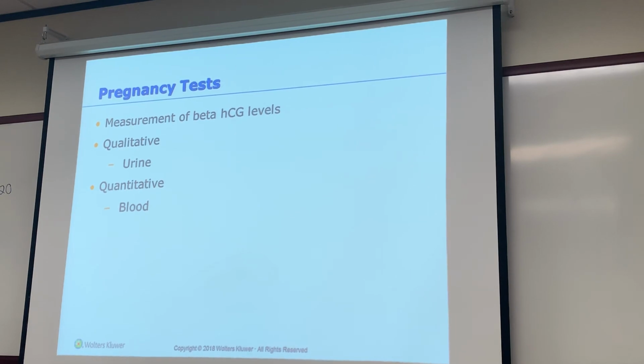Oh, that's a good way to look at it. So we're looking at the number. It's going to be more specific. The quantitative is going to tell me how much HCG is in my blood. So we're looking for the number anyway, right? Correct. We need to see the higher number. That's the only way we can see it, through blood. We can't see it through urine. Okay.